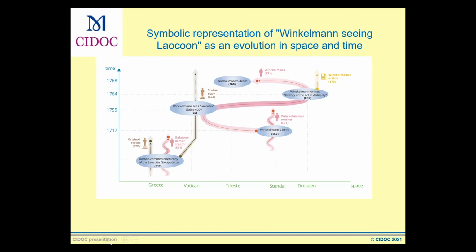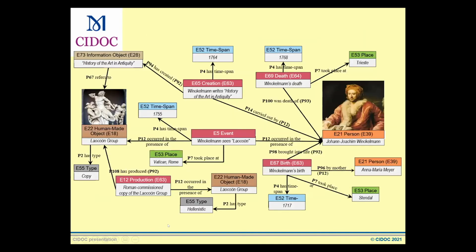So if I lay that out in CRM representation, we get something that looks like this. So we have the copy of the original statue, which was produced by some Roman chap, which occurred in the presence of the original human-made object, which was Hellenistic, which I don't have a picture of, it hasn't survived.